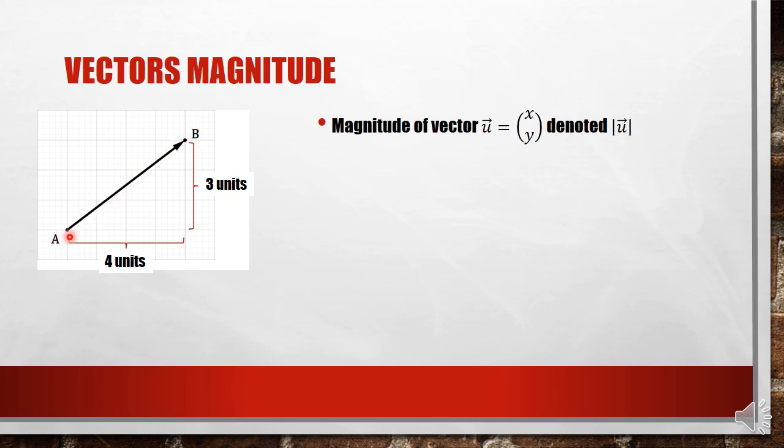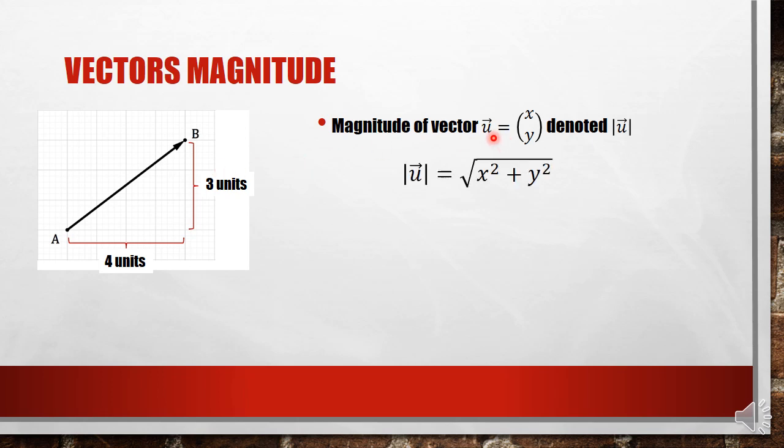As you can see, this one is a right triangle, right? Where AB is the hypotenuse of this triangle. So to find the length of AB, you use the Pythagorean theorem: the square root of 4 squared plus 3 squared. So the magnitude of the vector can be written like this.